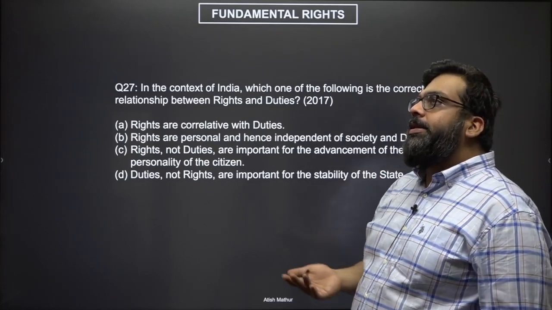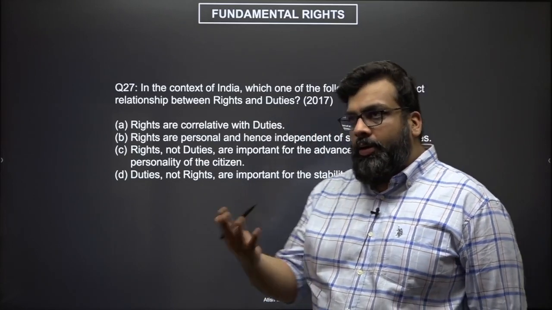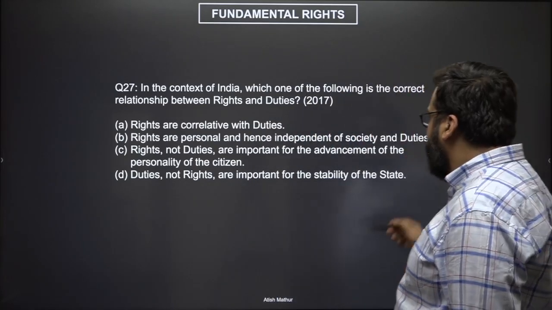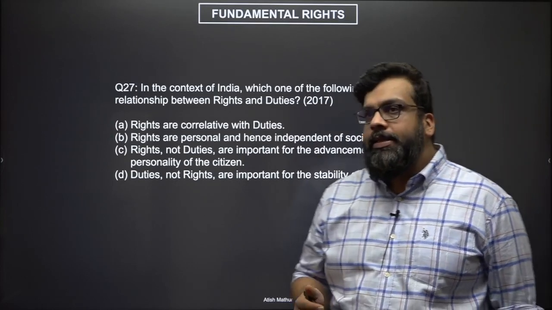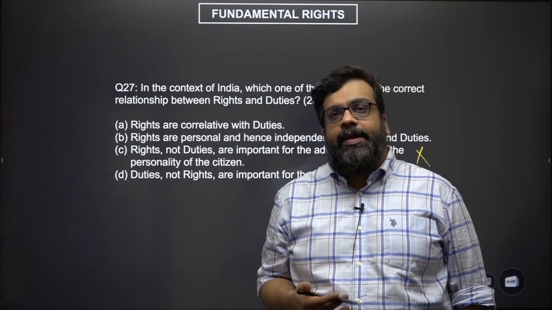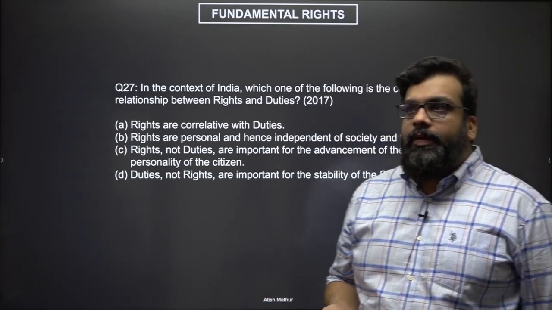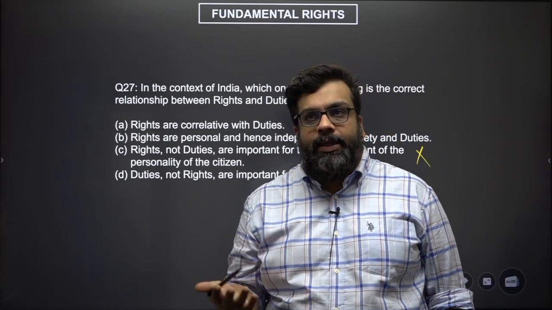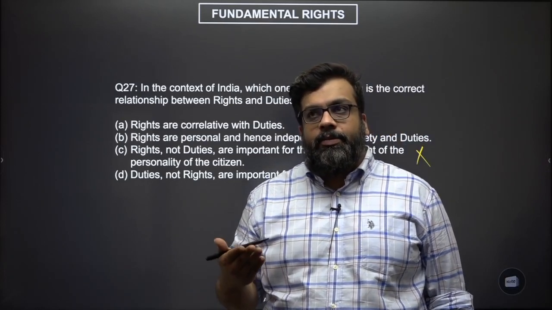So, when a duty says you should have scientific temper, it automatically develops your personality. So, this is wrong. Right, duties, not rights, are important, which means it does not matter if people have rights or not. That is not going to help in the stability of the state, which means that if people are not protected against exploitation, it does not matter, because that does not have any effect on the stability of the state.